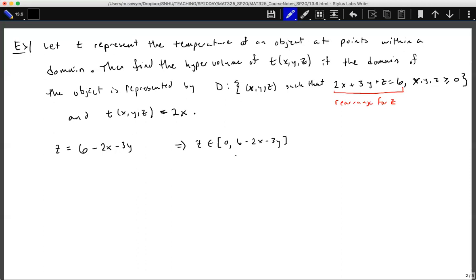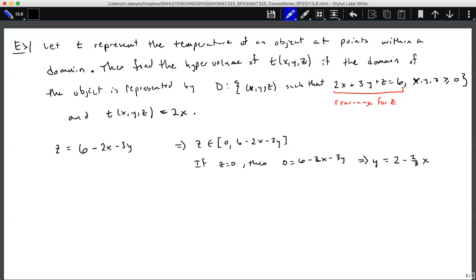And if z is bounded above by this, then when we smash z down onto the xy plane, so if z equals 0, then 0 equals 6 minus 2x minus 3y, which implies that y equals 2 minus 2/3 x, solving this function for y.